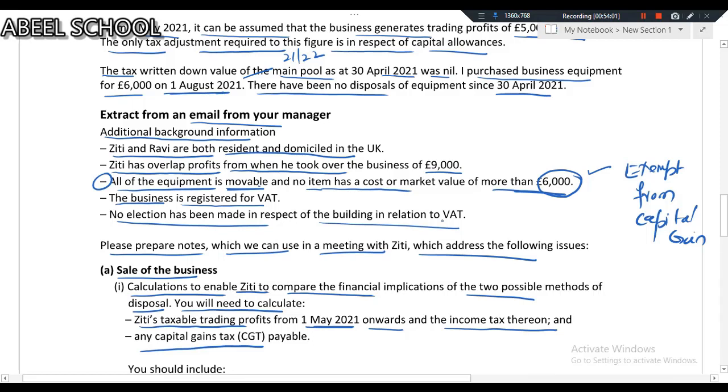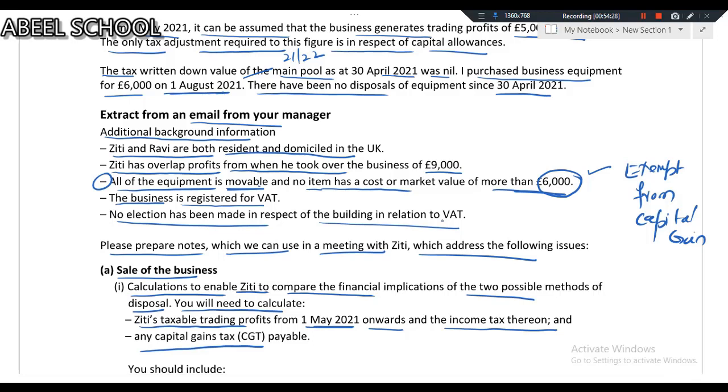But in case of equipment and goodwill, if ZT does not want to pay 20% VAT, it is also possible, provided that the business is transferred as a going concern. If the conditions of going concern are met, then there will be no 20% VAT on equipment and goodwill.